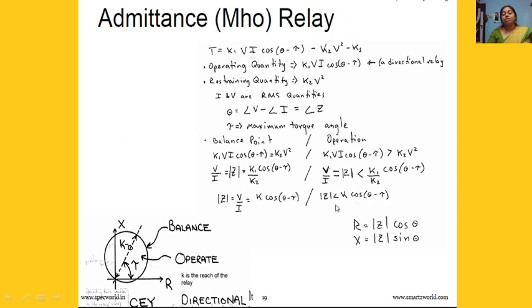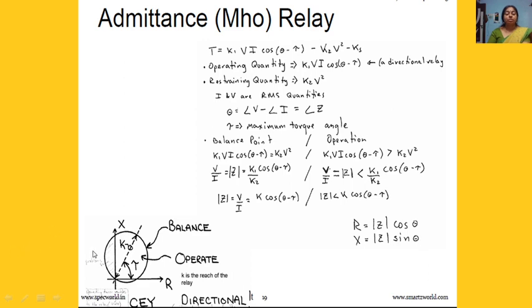If Z is less than K cos of (theta minus tau), the relay will operate. R is equal to Z cos theta, X is equal to Z sin theta.